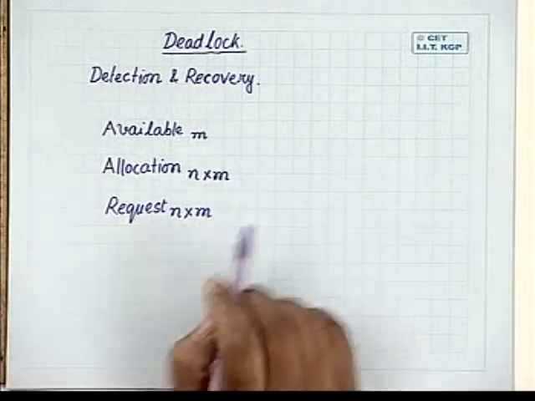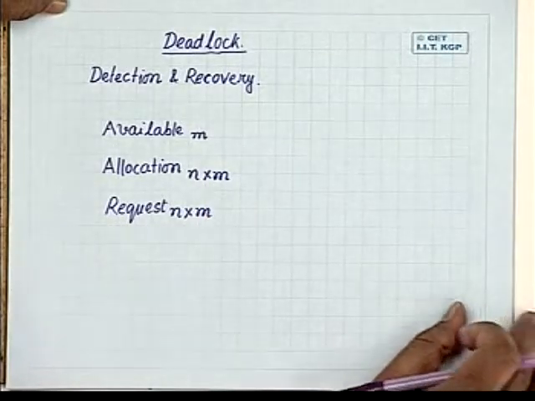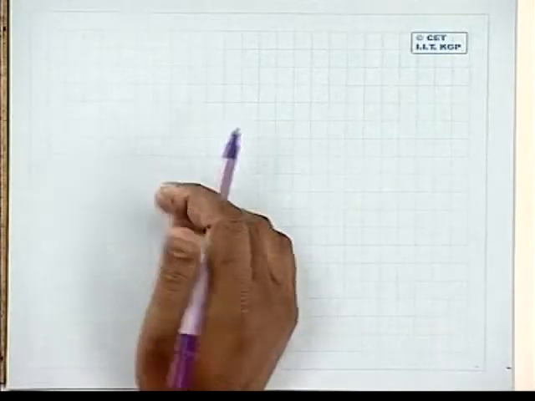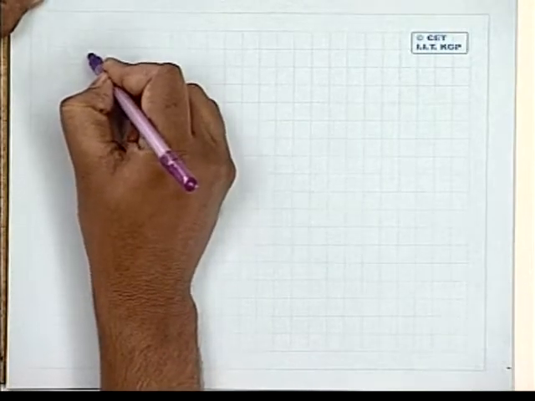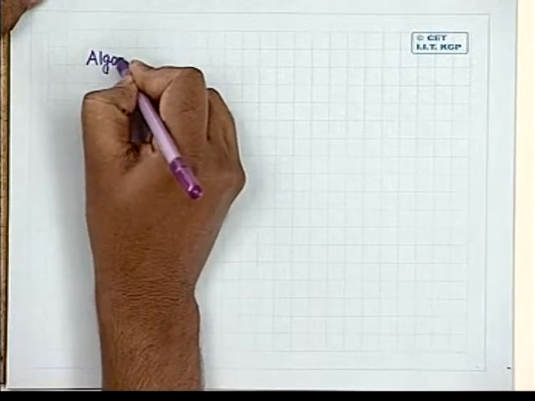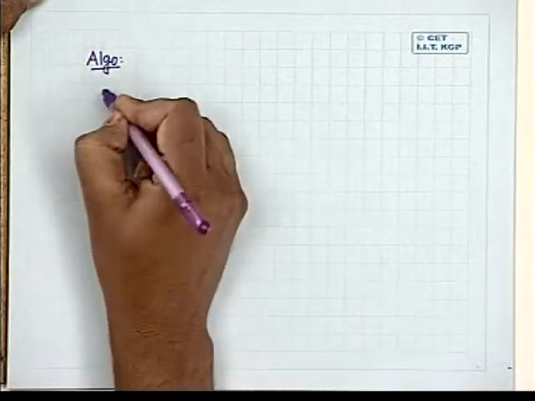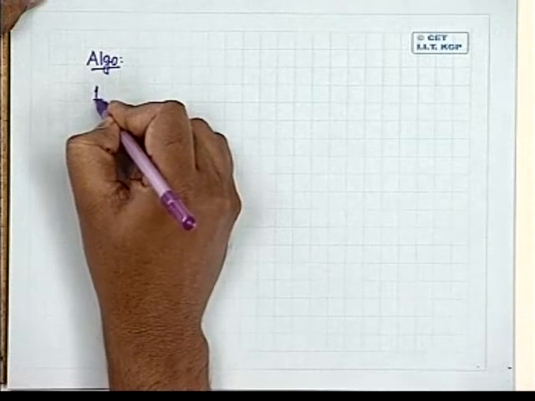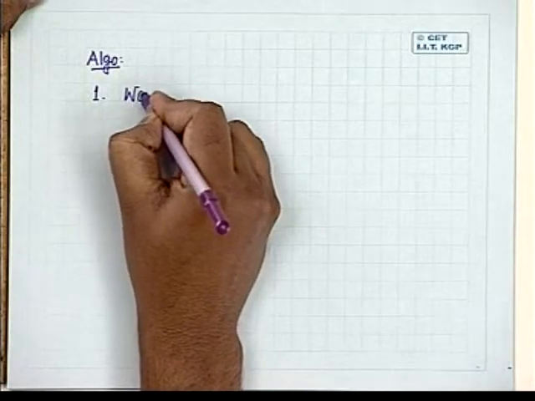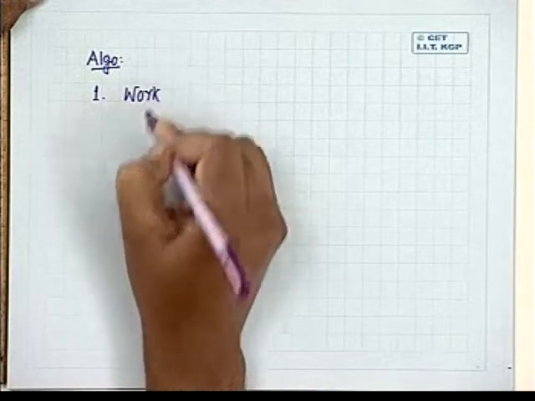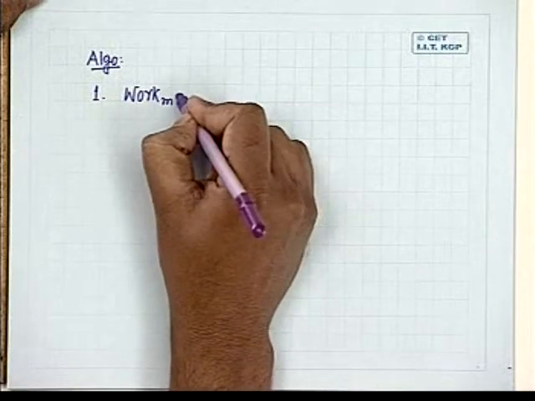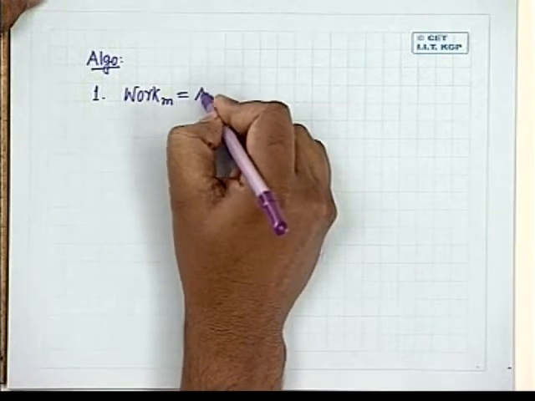Okay. So with these data structures, we can write the deadlock detection algorithm like this. So the algorithm will be of this form. Again, here we assume that there are two data structures. One data structure is Work, which is again of dimension m, and this Work is initialized to the value Available.